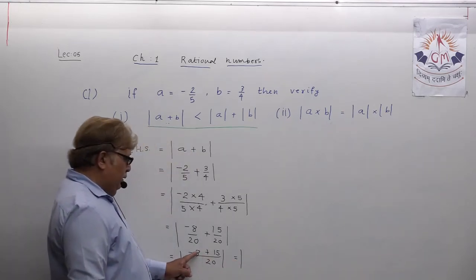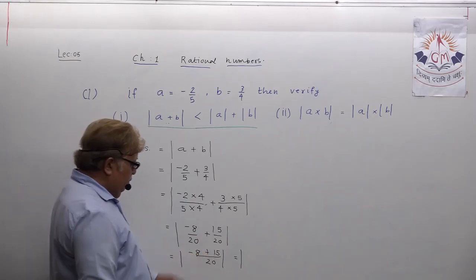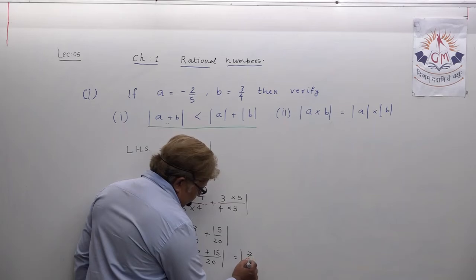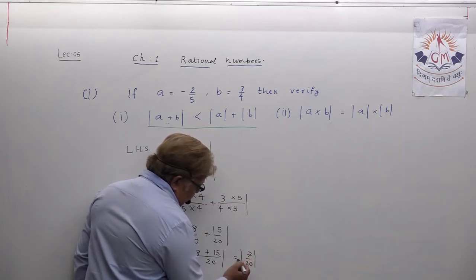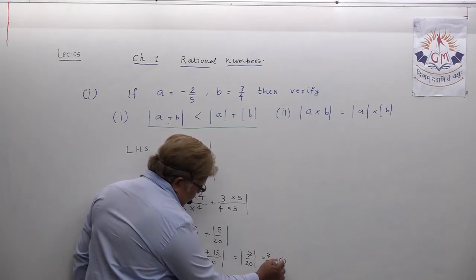This will be minus plus minus 15 minus 8, that is 7 upon 20. Because the modulus sign prevails here, its absolute value will obviously be 7 upon 20, result number 1.